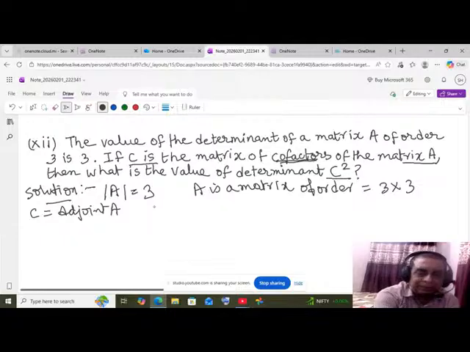So the determinant of C. Now, if C is the adjoint of A, the determinant of C is found like this.